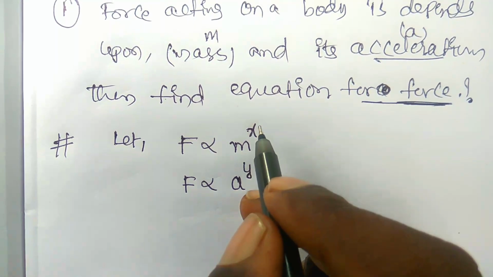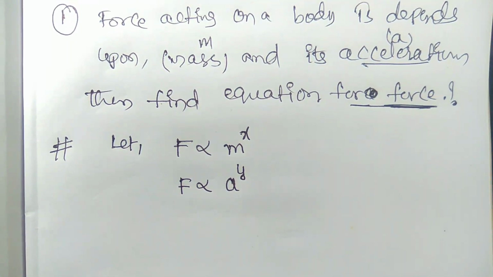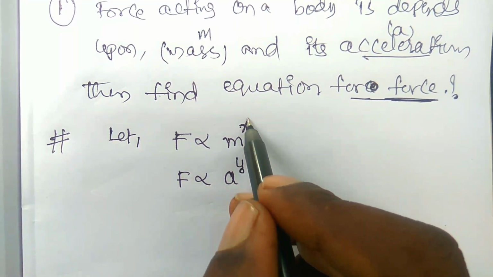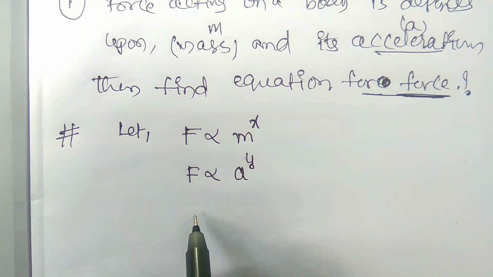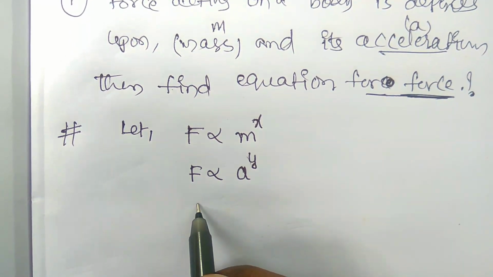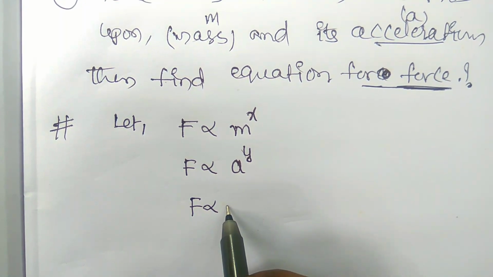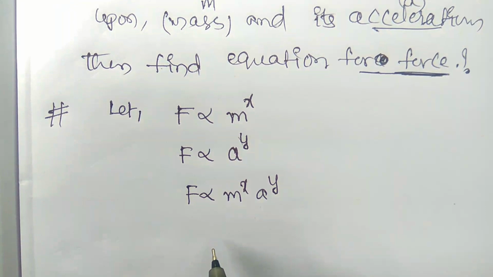So F is proportional to m power x, where m is the mass, and F is proportional to a power y. So what are the powers? Here we have to find the x value and the y value. How can we find them? From these two we can write that F is directly proportional to m power x into a power y. Is it right?